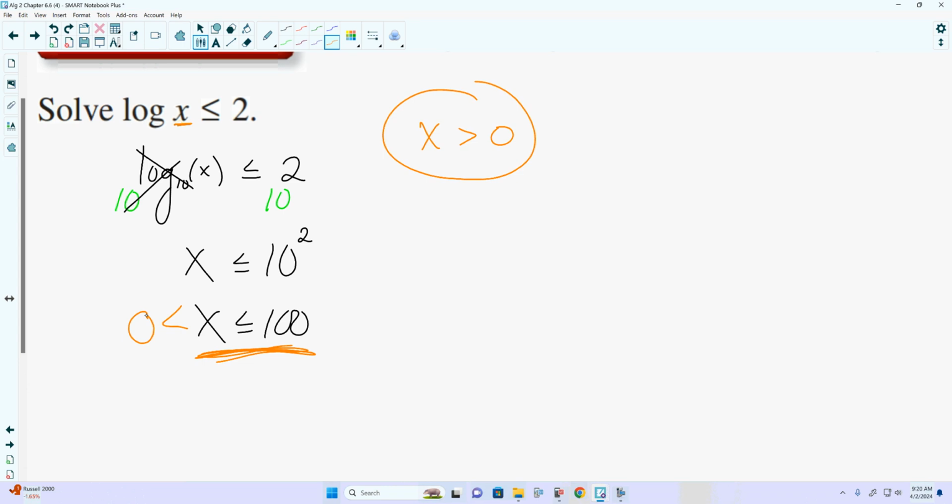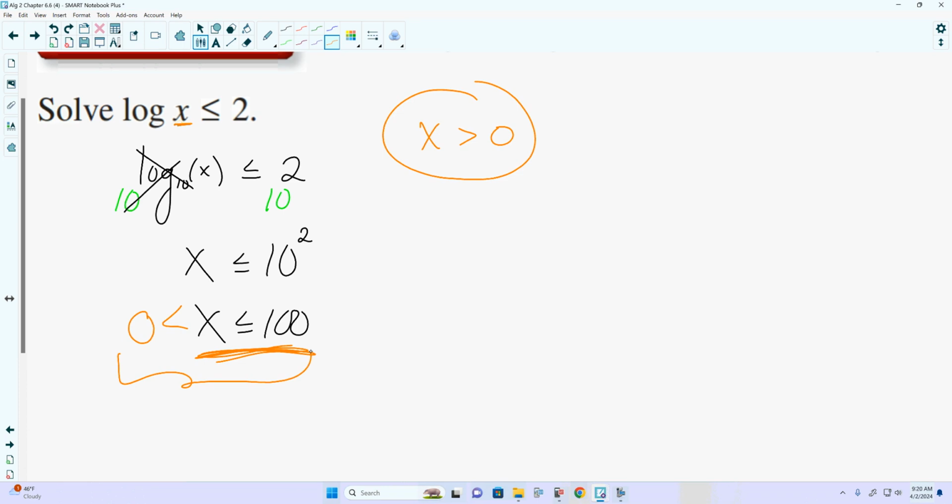Anything greater than 0 all the way up to and equal to 100 works. So we cap it off and remove those restrictions. Because now negative 7 doesn't work for our inequality down here.